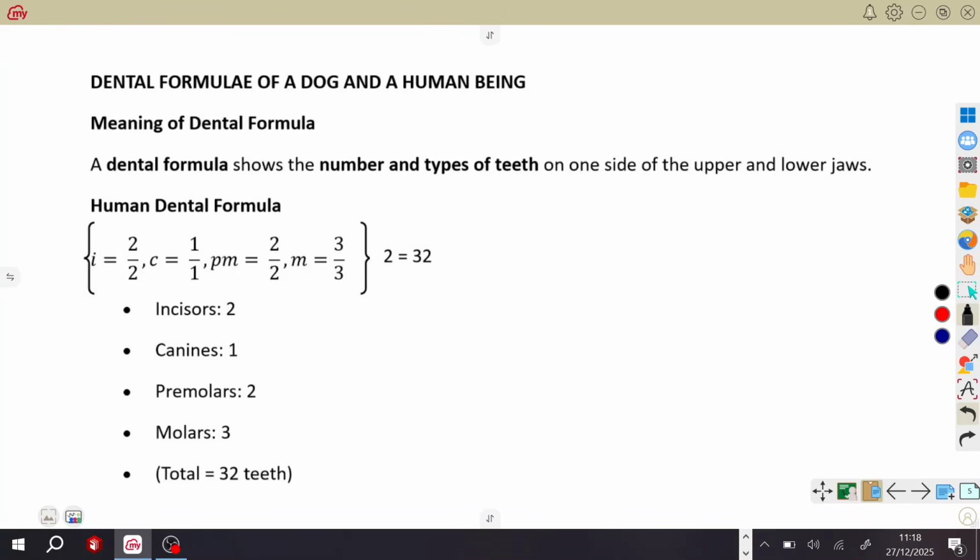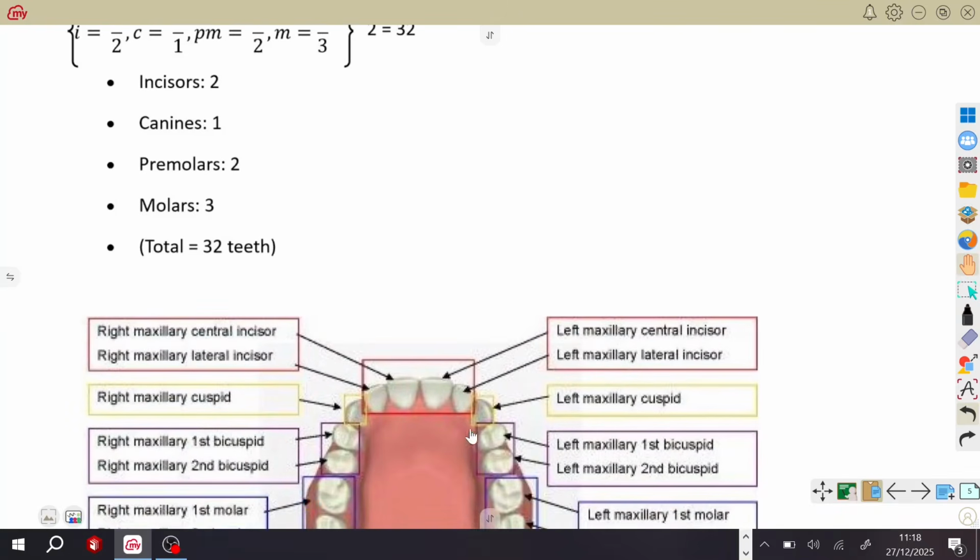That's 16 inside, times 2, you get 32. So an adult man has a total of 32 teeth in the mouth, maybe without those called wisdom teeth. So this is the formation we talked about: 2, 1, 2, 3, total 32. Very important that you understand the dental formula of man.